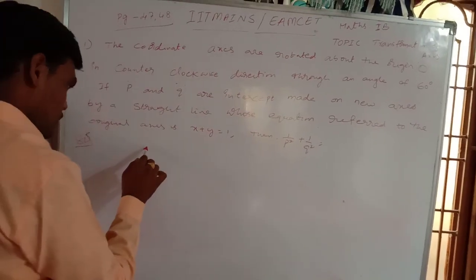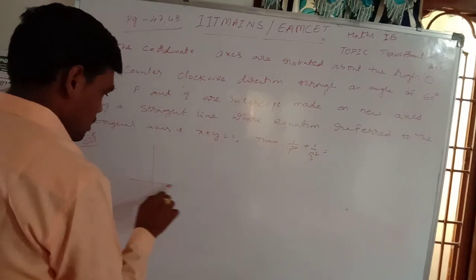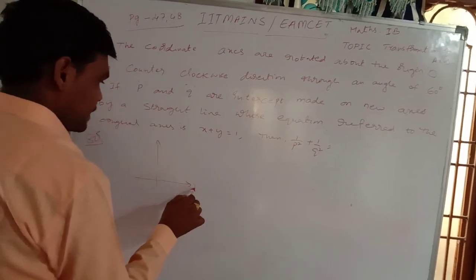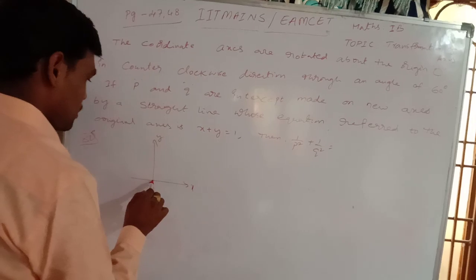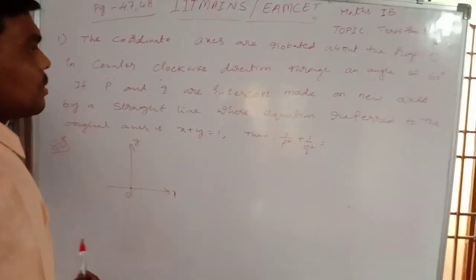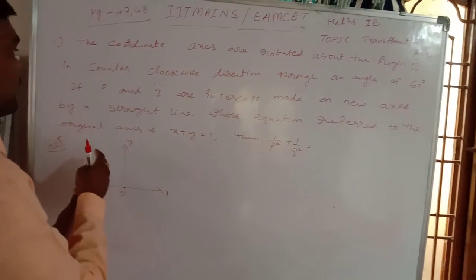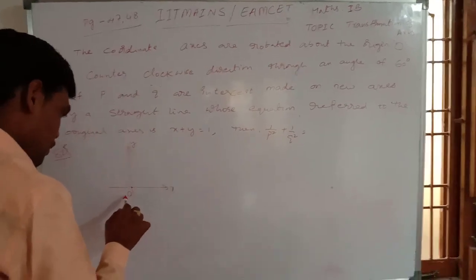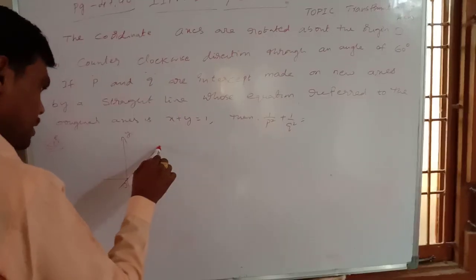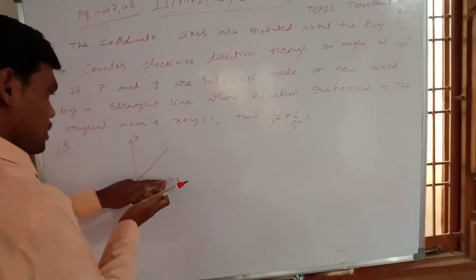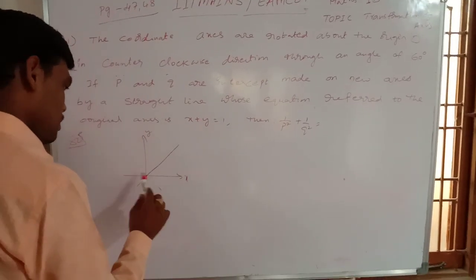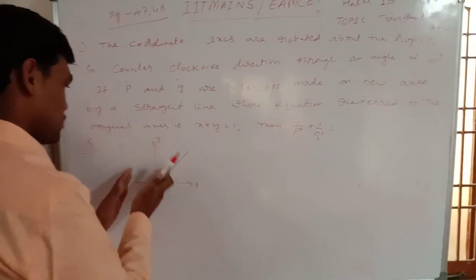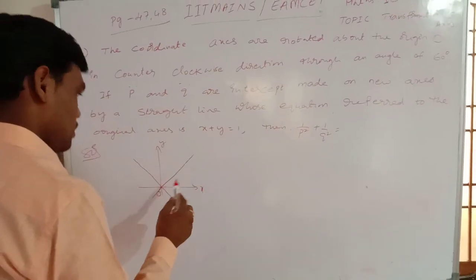First we draw the coordinate axes. This is x axis and this is y axis. This is the original origin. Now the axes are rotated in the counterclockwise direction through an angle of 60 degrees.